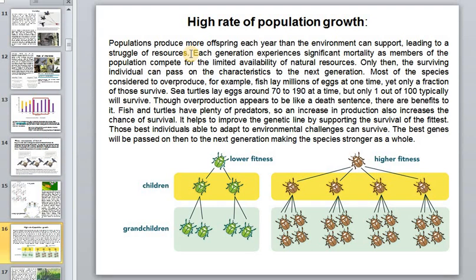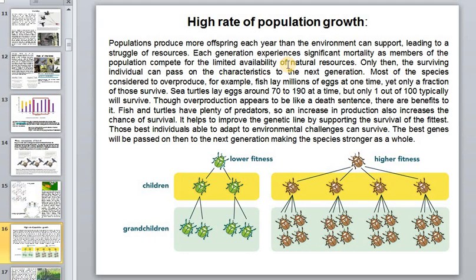Strategy of surviving. Each generation experiences significant mortality, as members of the population compete for limited natural resources, and then the surviving individuals can pass on their characteristics to the next generation.